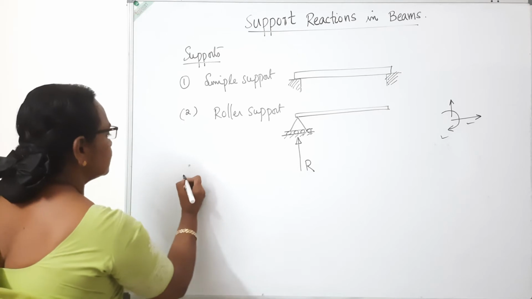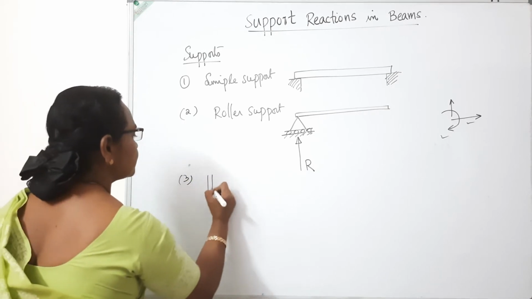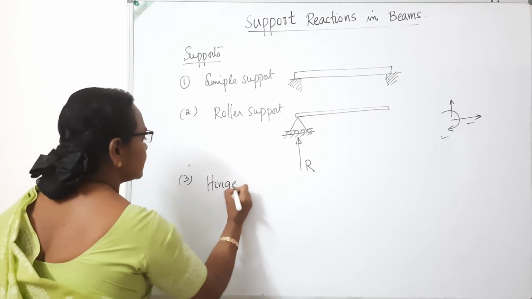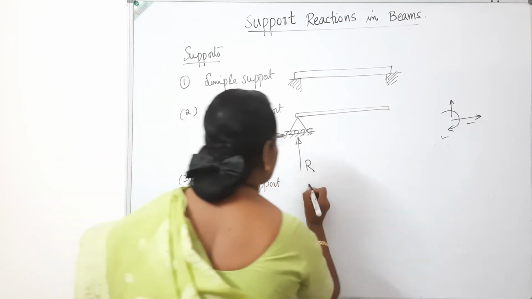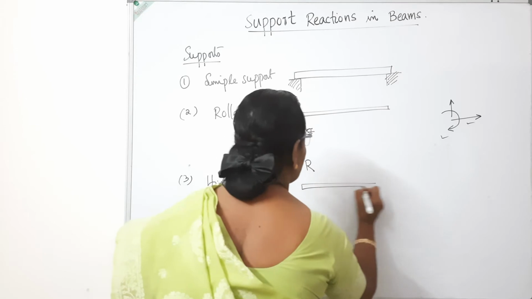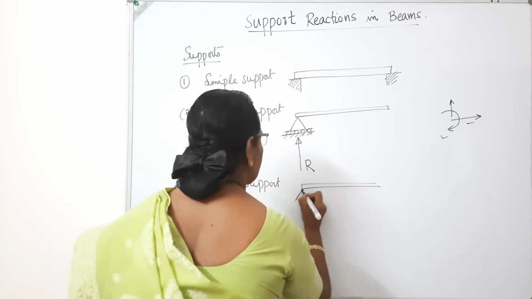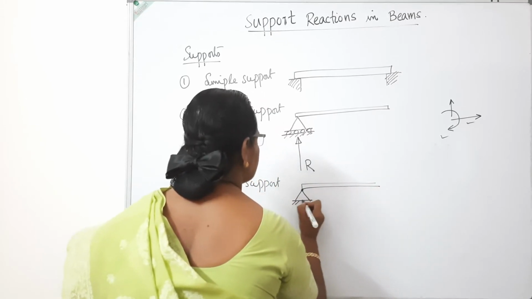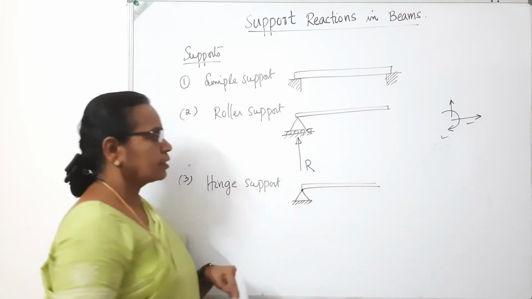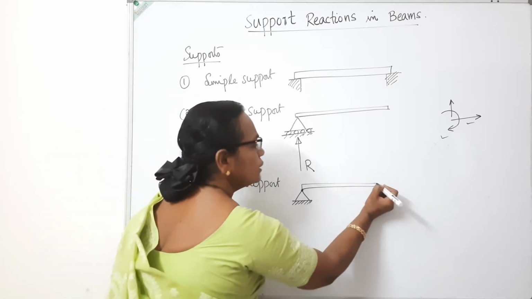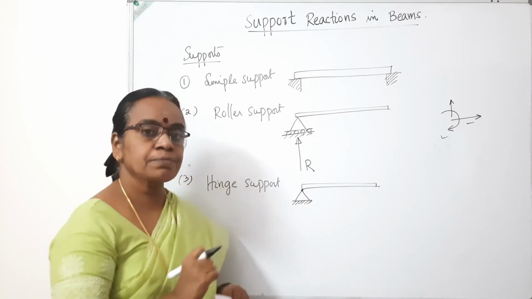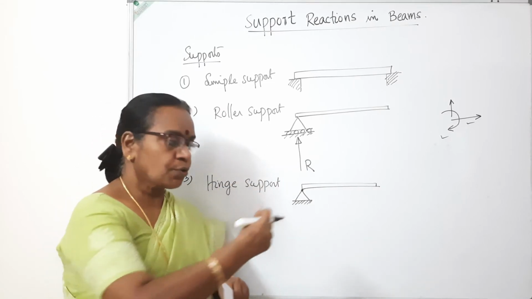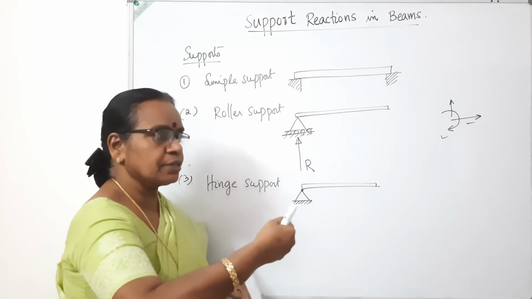The next one is a hinge, a hinge support. A hinge support is normally represented like this. A hinge support is just similar to the hinge in your door. We can rotate the door by applying force on the handle.